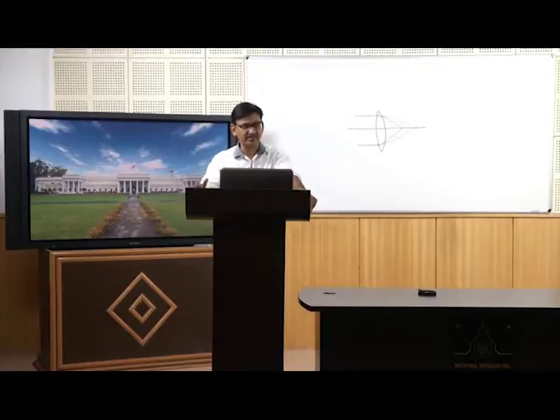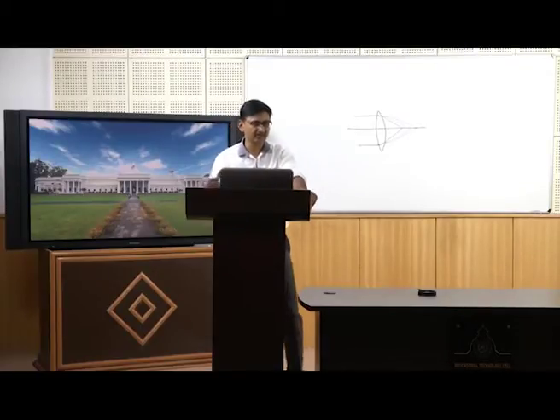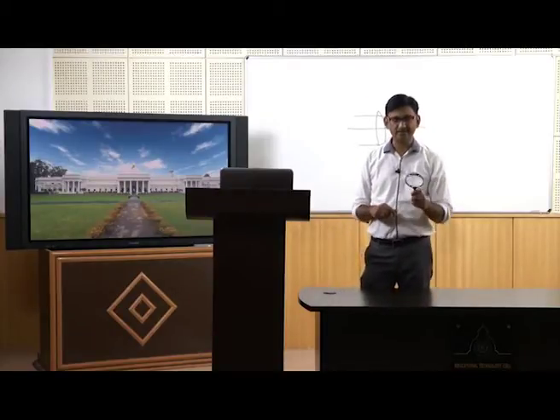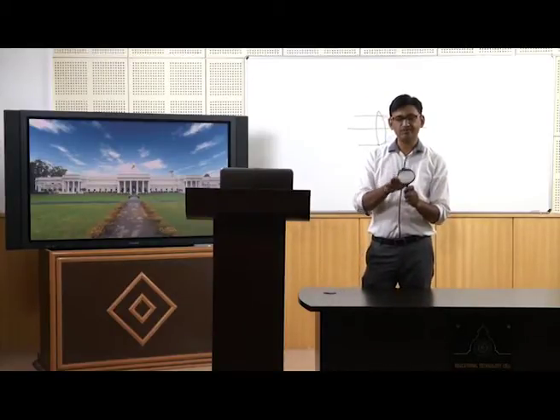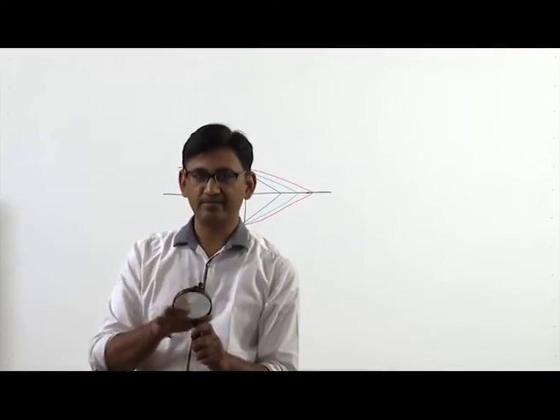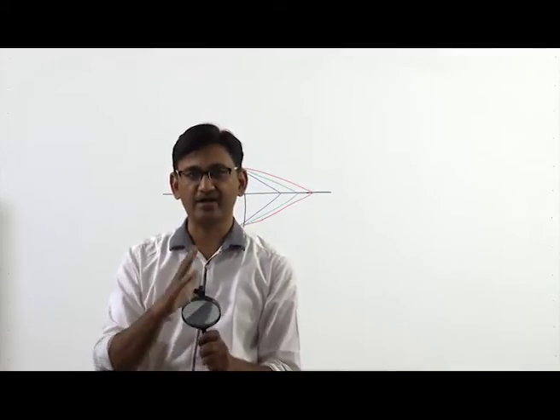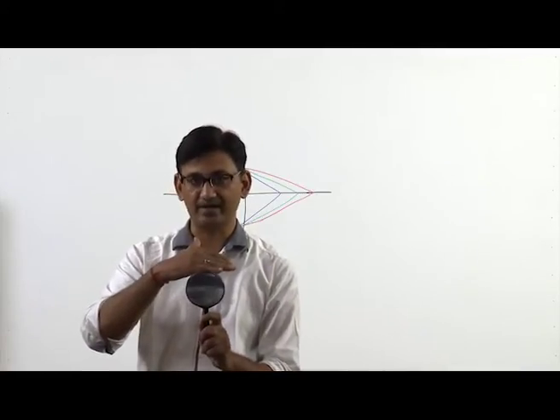For example, astigmatism also, if you see, it is a manufacturing defect. While making the lens, you could not maintain the same radius of curvature at each point. Somewhere the radius of curvature has changed. And that is why in the vertical plane and horizontal plane, you have different focal points.